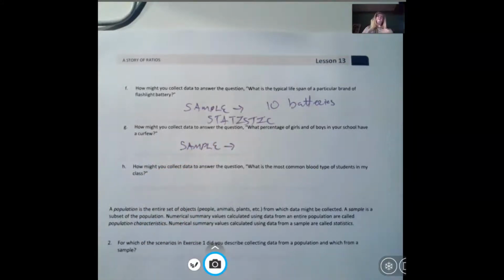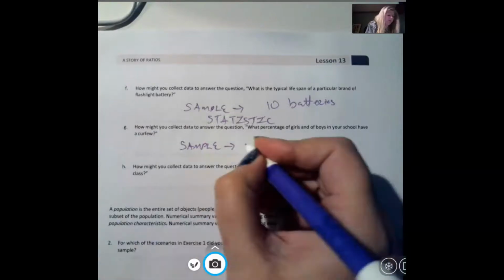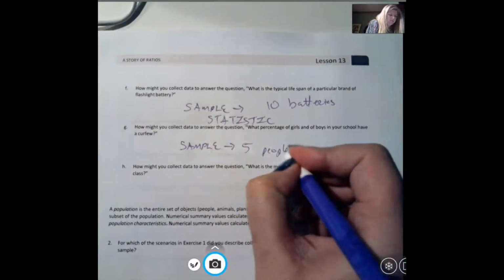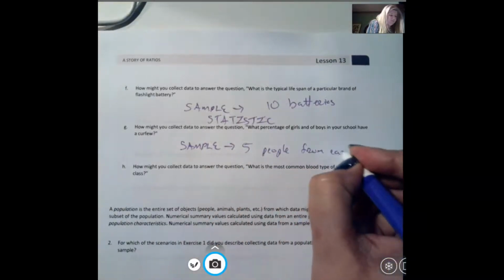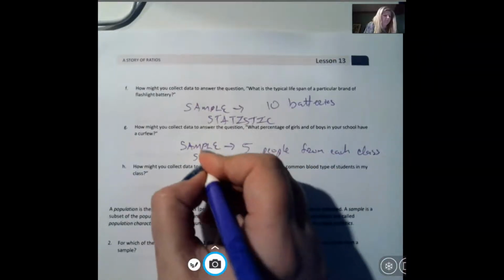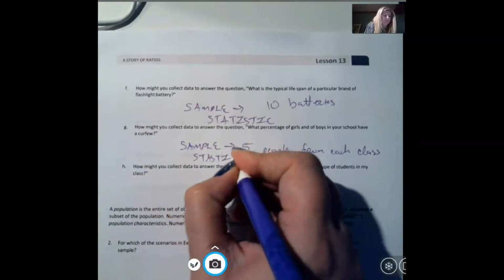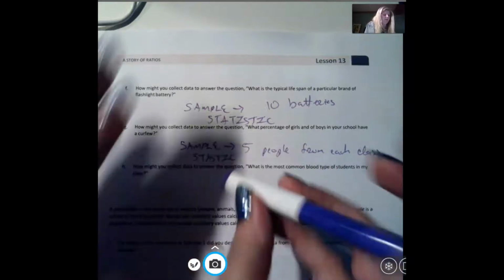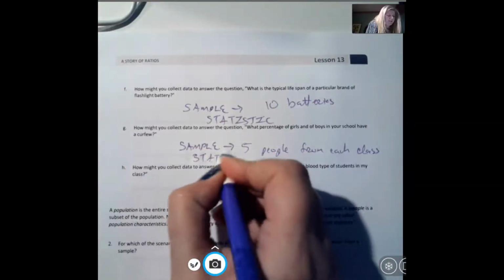How could we make that reasonable so that we're not favoring anybody? Maybe we would ask 5 people from each class, and then everybody would have the same opportunity. So when you do a sample, it's called a statistic.